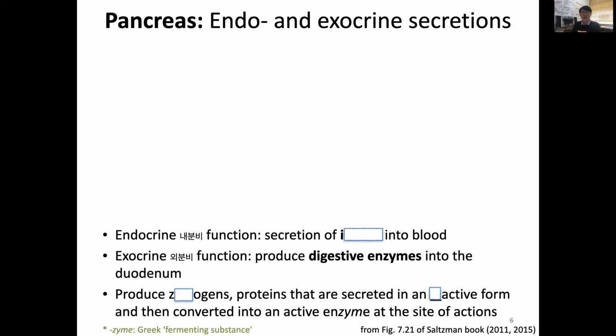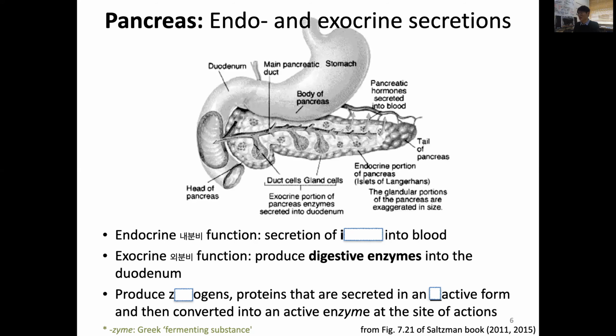And the pancreas has an important function in digestion, and that's endocrine and exocrine secretion. So endocrine secretion is the secretion into our bloodstream. So secretion of what? You all know that the pancreas secretes insulin.